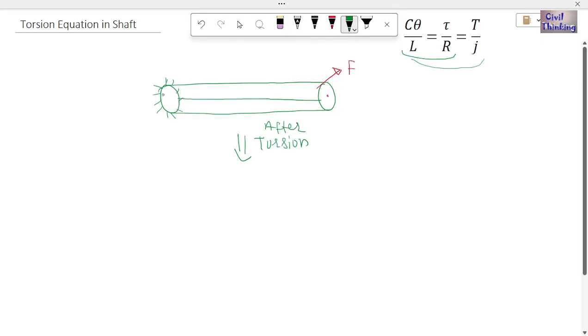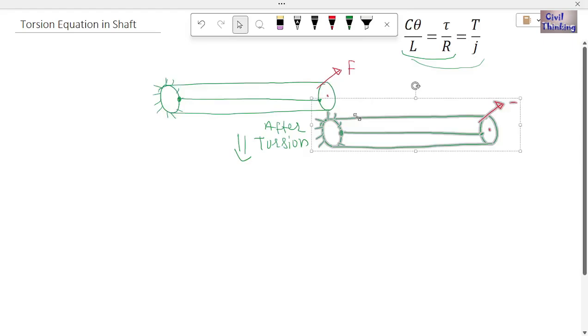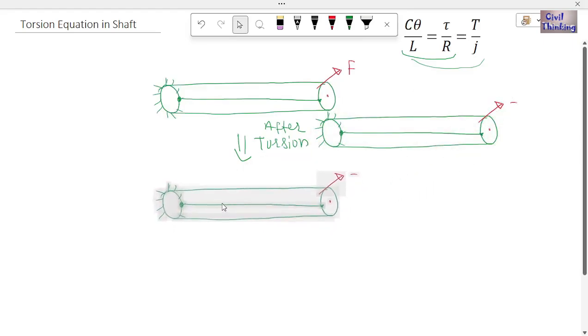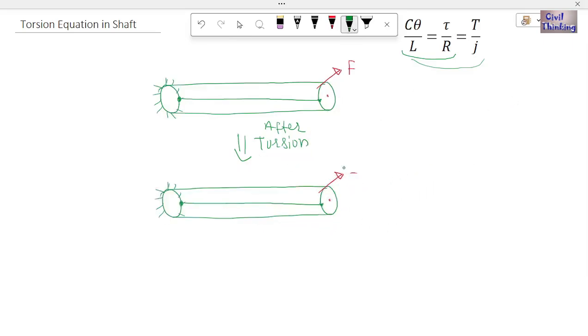Because this is a fixed end, this point will not rotate, but because of the force the shaft will twist and this point will displace to some other point. If I draw the same diagram again, this was the initial position of the line, but because of the torsion it is going to be somehow like this.